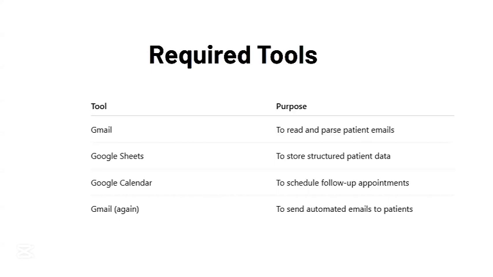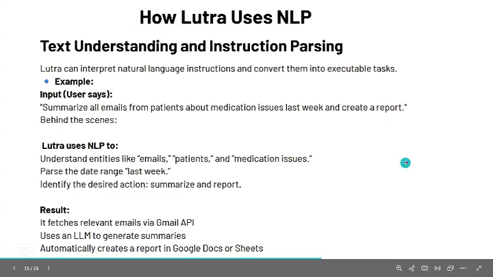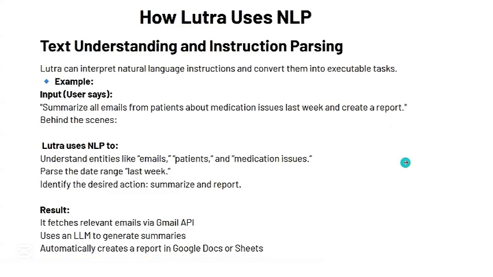I'll show it to you. And also we will use Google Sheets, Google Calendar, and to send the emails, we will use Gmail. Before going to this slide, I'll show you how the tool works.